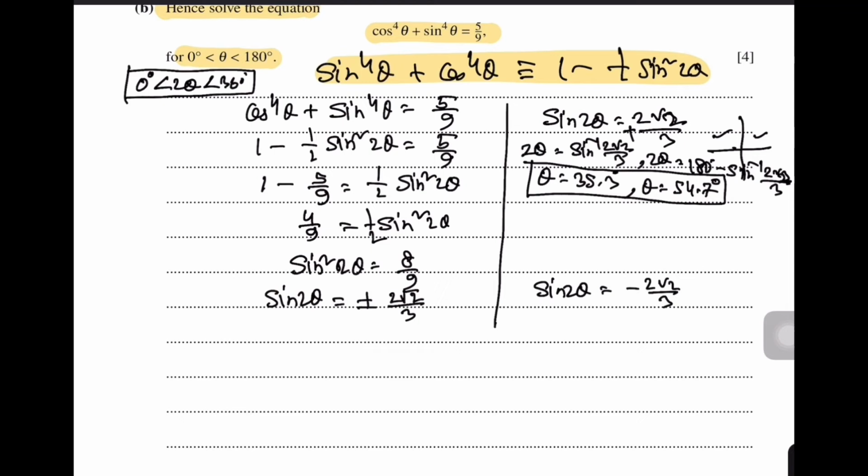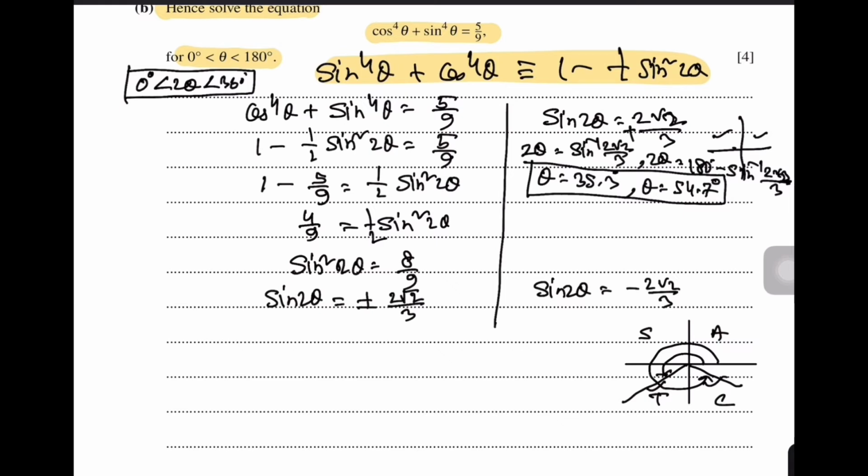Then if I go for negative, since it is negative, it lies in the third quadrant and fourth quadrant. All Students Take Cambridge. So it's negative in the third and fourth quadrant. In the third quadrant, it is 180 plus theta, and in the fourth quadrant, it is 360 minus theta.